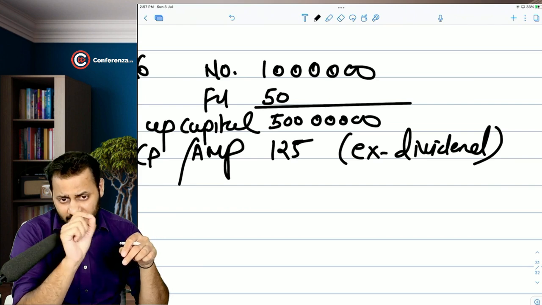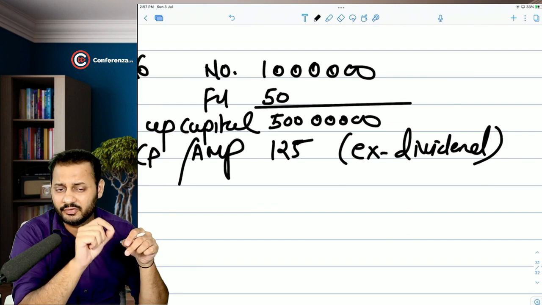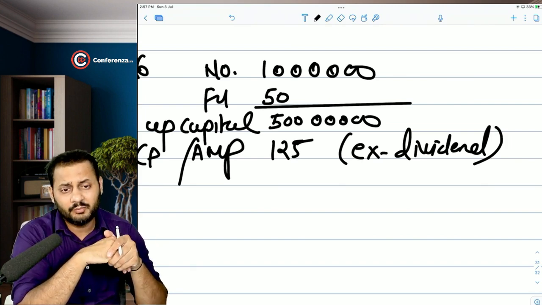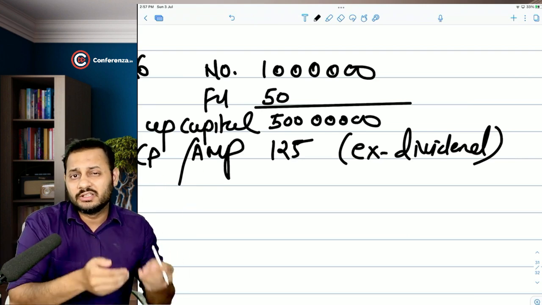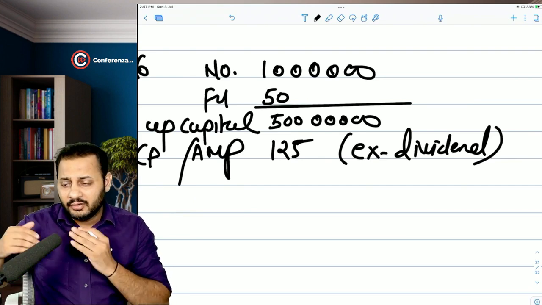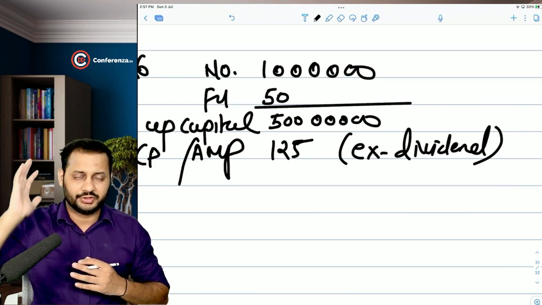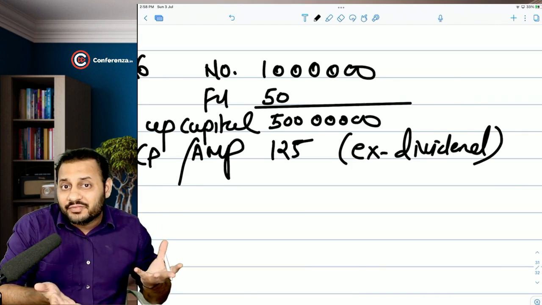It would have made a difference if they had given it as cum dividend. Cum dividend would have meant that this 125 includes the dividend, and we should deduct that dividend and take the rest of the price for our calculation. But we will directly use 125 as it is already ex dividend.